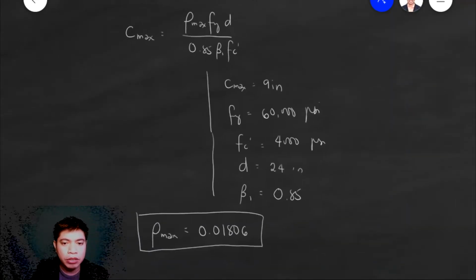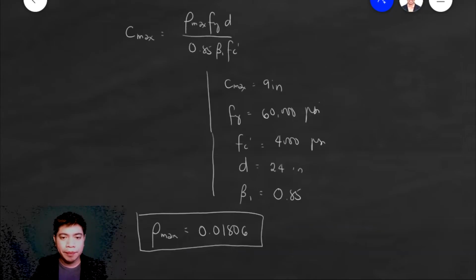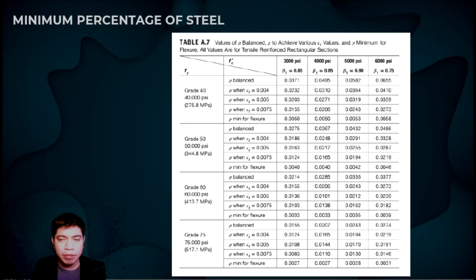Okay, so actually, sabi ko nga kanina, pwede nating i-compare siya sa table na given sa kabilang video. So, dito sa table, guys, i-compare natin siya sa raw max na naging result natin. So, again, yung ating f sub c prime ay 4,000, 60,000 yung ating f sub y.